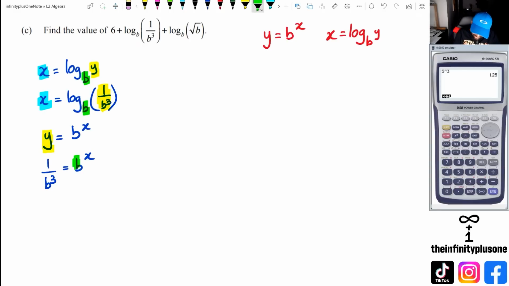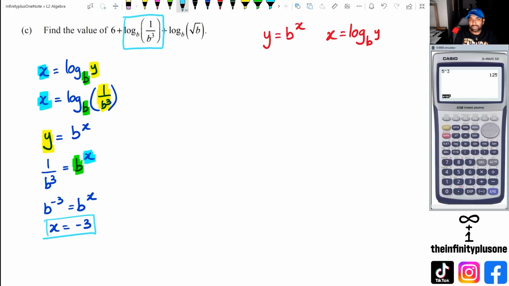The b is b, the x is the blue part. So I can rewrite 1 over b^3 as b to the power of negative 3 equals b to the power of x. So x is equal to minus 3. This entire part is equal to negative 3, because that's what we've done with the log rules.